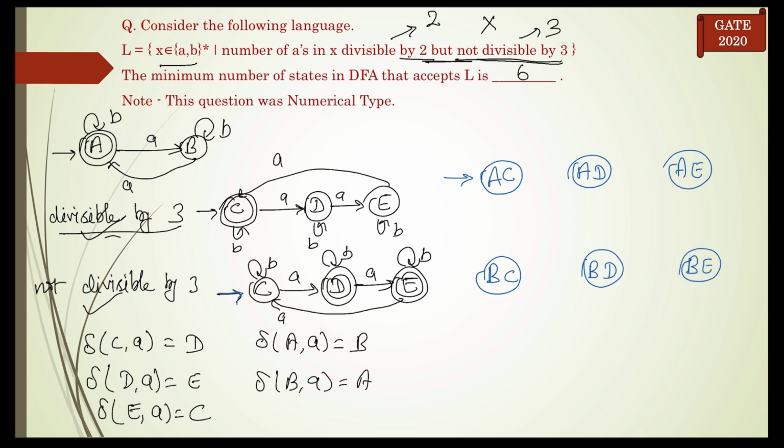Our initial state will be AC because here C is the initial state and A is the initial state, and final states will be AD and AE. So these will be your final states. Now transition of B can be self loop.